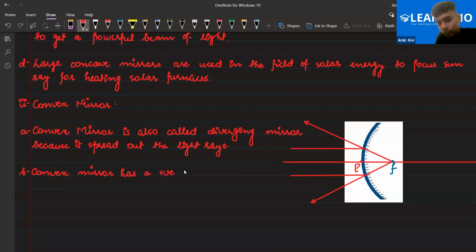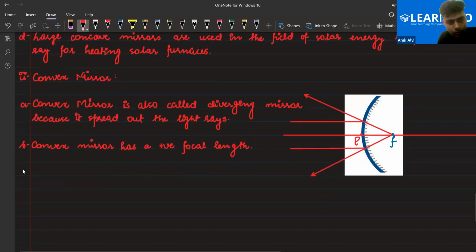Yes. Yes, so the convex mirror always produces a virtual and erect image.